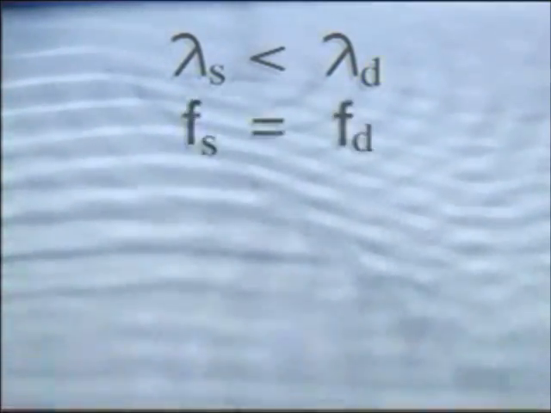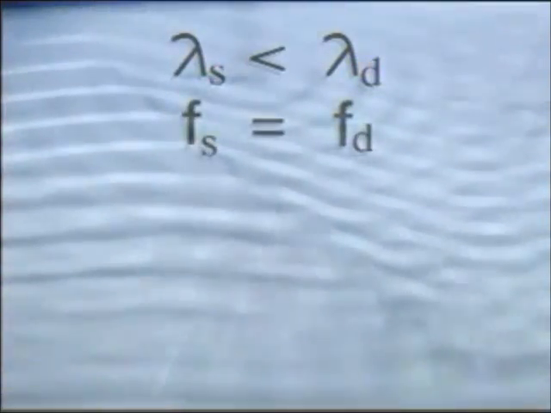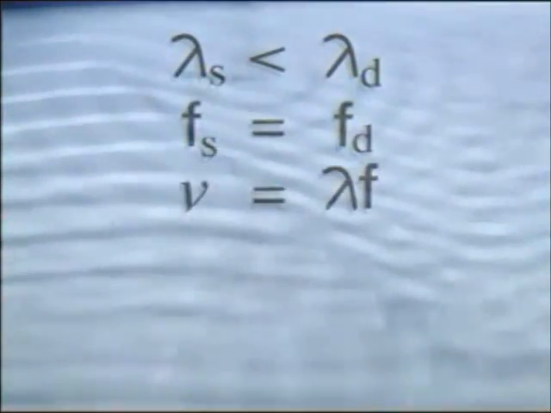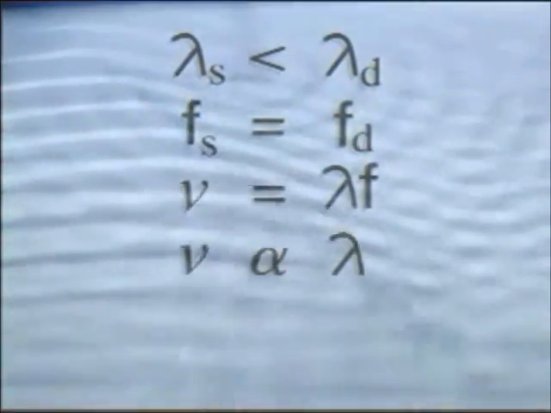How do we account for refraction? As we have seen, the refracted waves in the shallow region have shorter wavelengths than those in the deep region, but their frequencies are the same since they are produced by the same vibrating source. From the equation v = λf, the speed v is directly proportional to the wavelength.